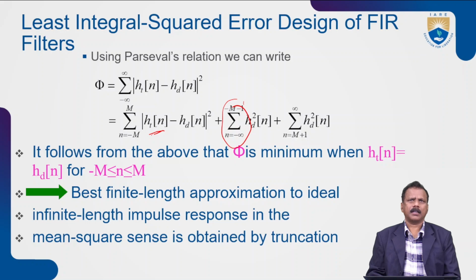So, using Parseval's relation we can write in mathematical notation, and after that we can say psi is the minimum when sT(n) is equal to sD(n) for minus M less than or equal to n less than or equal to M. This is the best finite length approximation to the ideal infinite length impulse response in the mean square sense, obtained by truncation. Like this, we observe the least integral square error design of the FIR digital filter.